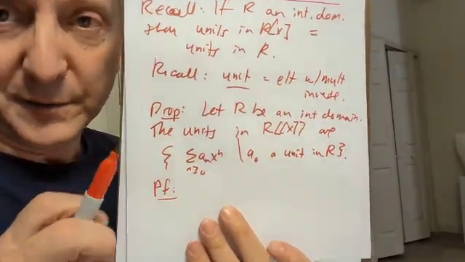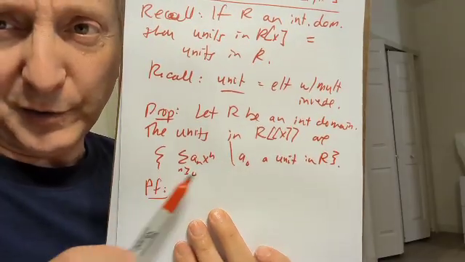The units in R[[X]] are the power series of this form.